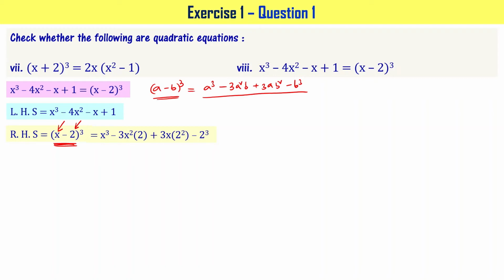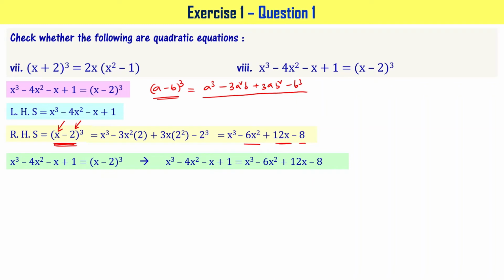Let's further simplify this and write it as x³ − 6x² + 12x − 8, right? Now let us equate LHS and RHS such that I'll have the equation as x³ − 4x² − x + 1 = x³ − 6x² + 12x − 8.